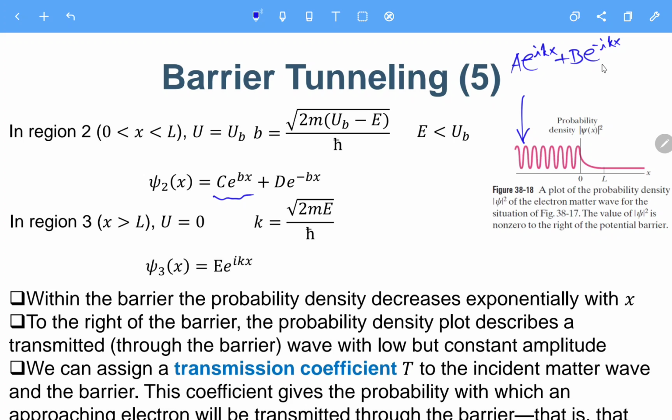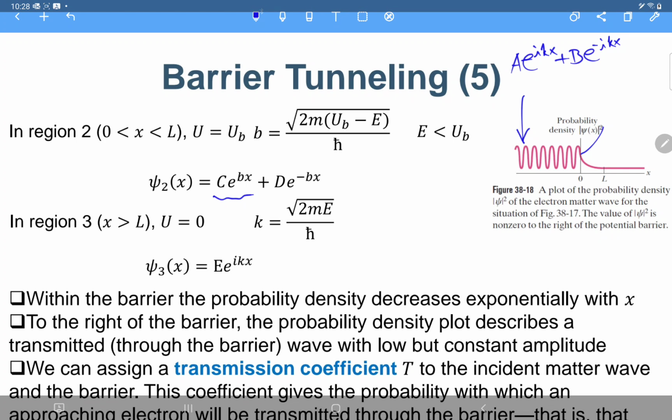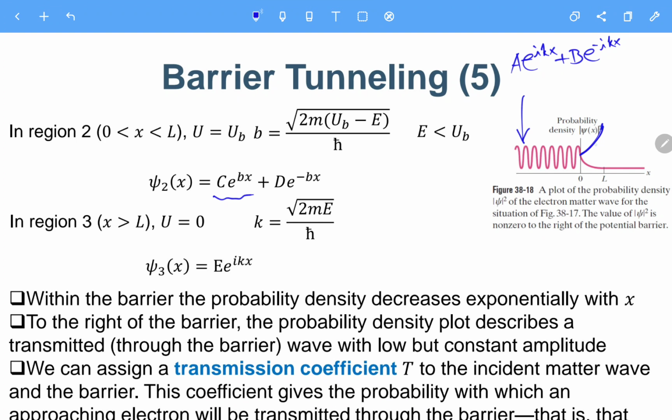So this turns out to be a real function, which means that a and b should be complex conjugate to each other. And it finally is a standing wave there. As much as the probability of the particle to go through this wall should be small, it shouldn't be something like this. Otherwise, it feels like it has a high probability to go through.